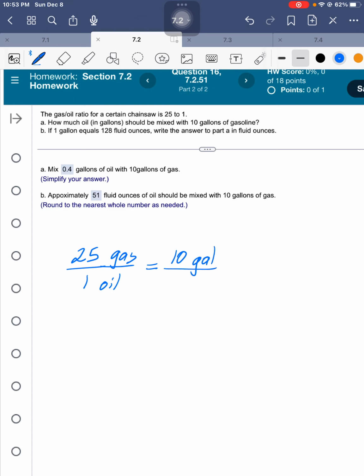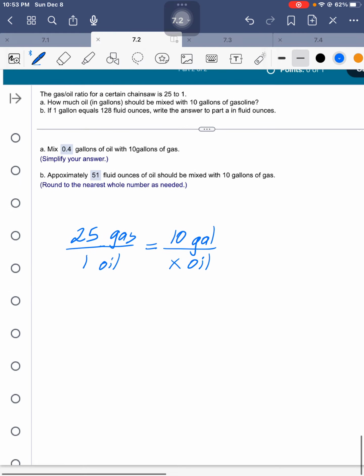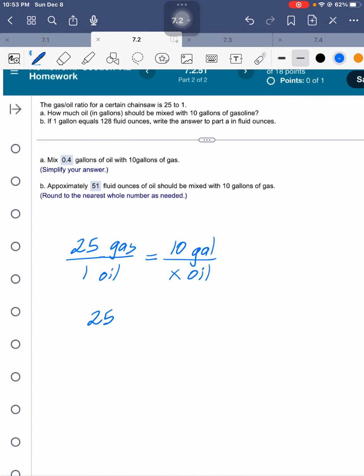Okay, 10 gallons. So x oil, that's what we want to find. Oil, okay. So let's cross multiply. So 25x equals 10.